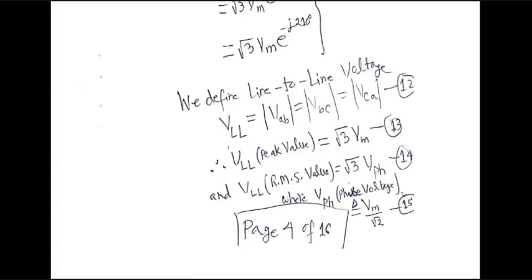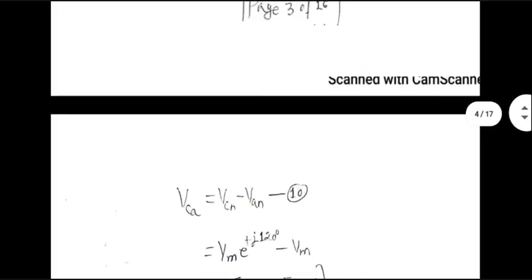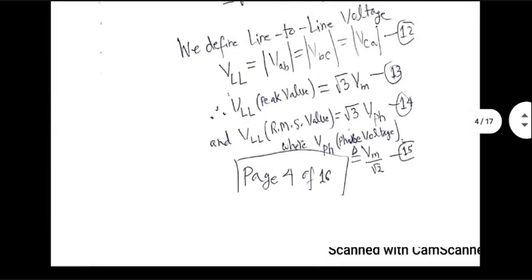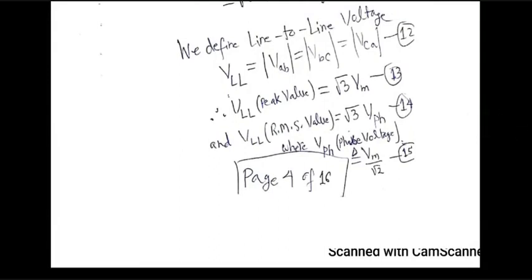Nobody says Vm or anything. Nobody says VAN, etc. They all say phase voltage. That means the magnitude of each of the voltages VAN, VBN, and VCN. So in terms of purely magnitudes, VLL is the line voltage and VPH is the phase voltage in case of a balanced system.